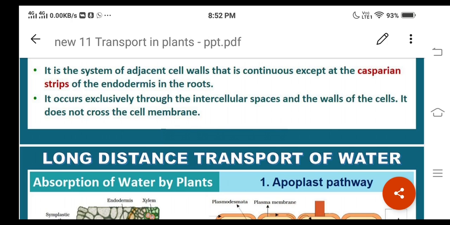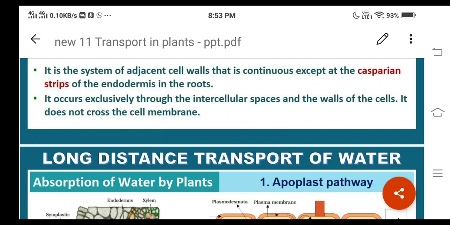Intercellular space means the space present in between the cells. It occurs exclusively through the intercellular spaces and the walls of the cells, and it does not cross the cell membrane.